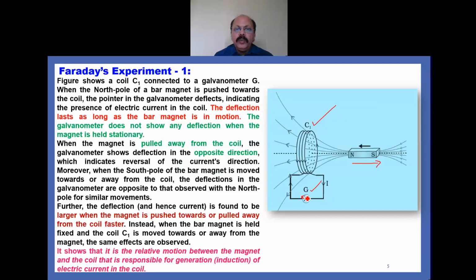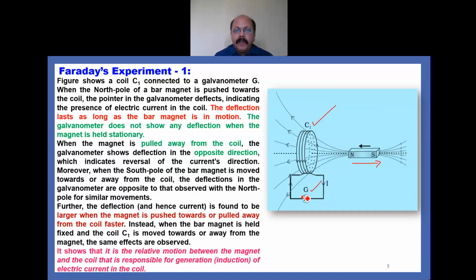Moreover, when the south pole of the bar magnet is moved, meaning we reverse the polarity, towards or away from the coil, then the deflection in the galvanometer is opposite to that observed with the north pole for similar movement, that is towards and away.